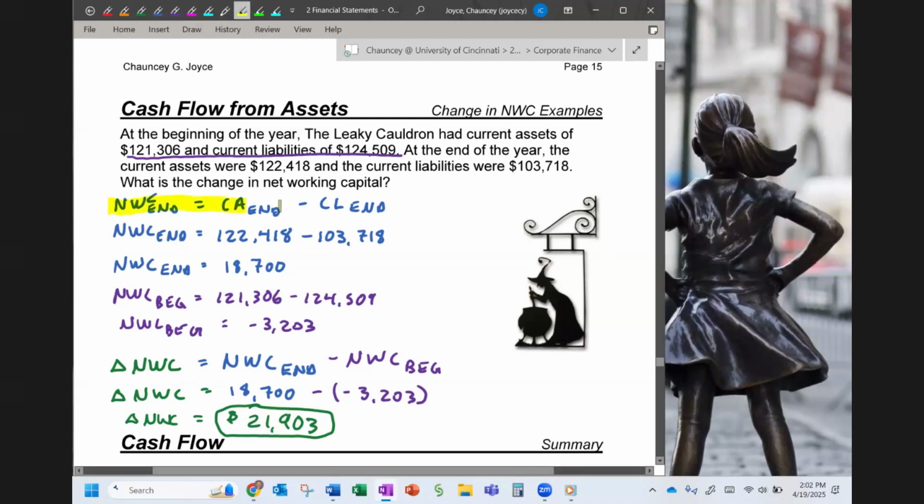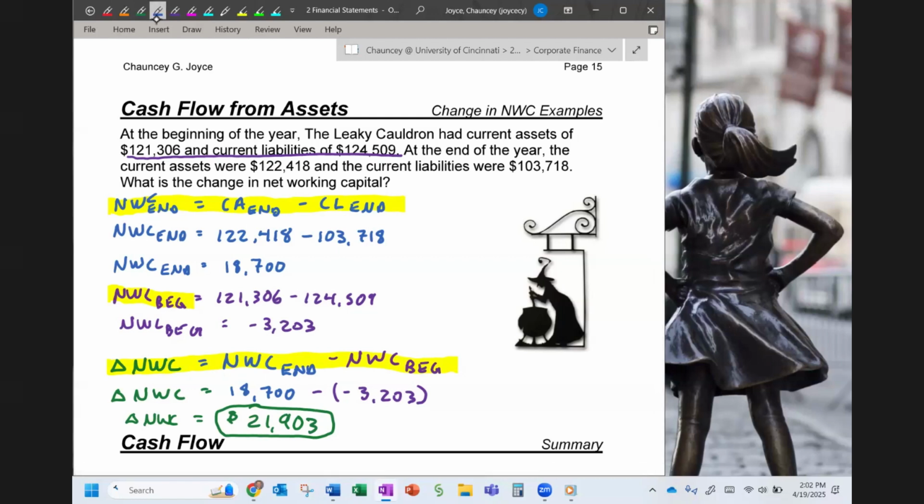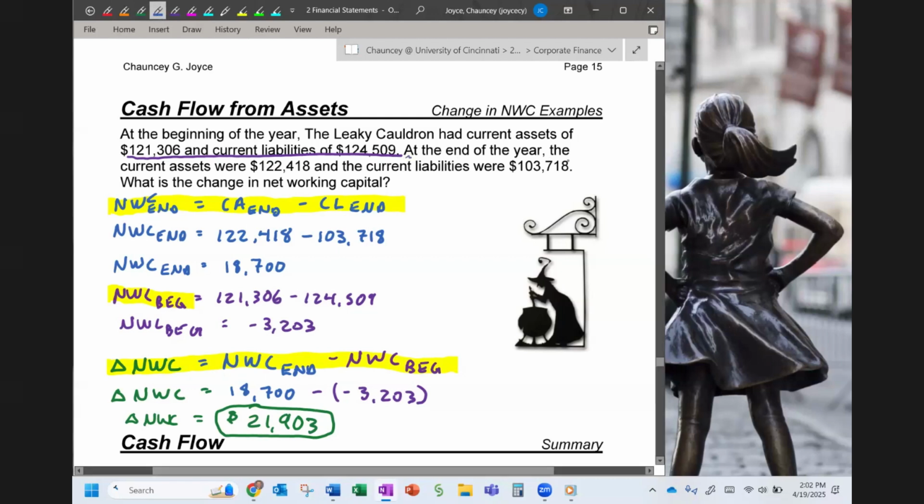Well, this is very similar to the one we just calculated. I'm going to do net working capital at the end of the period first, and that is your current assets at the end of the period minus the current liabilities at the end of the period. So net working capital end is just going to be 122,418 current assets less current liabilities of 103,718.